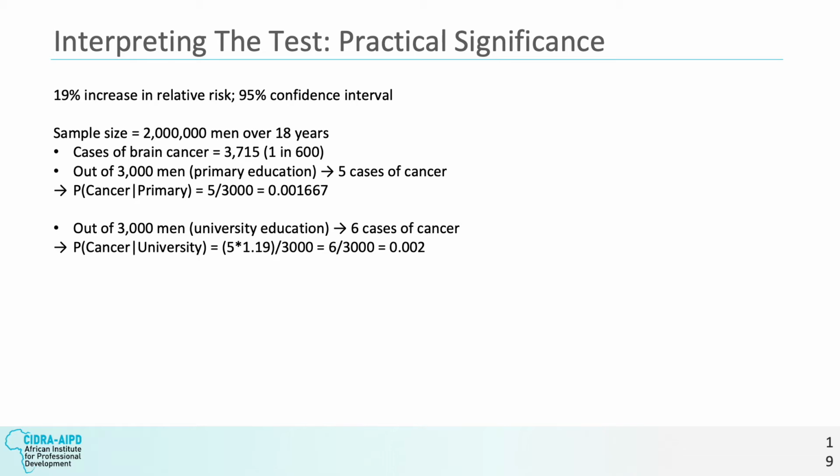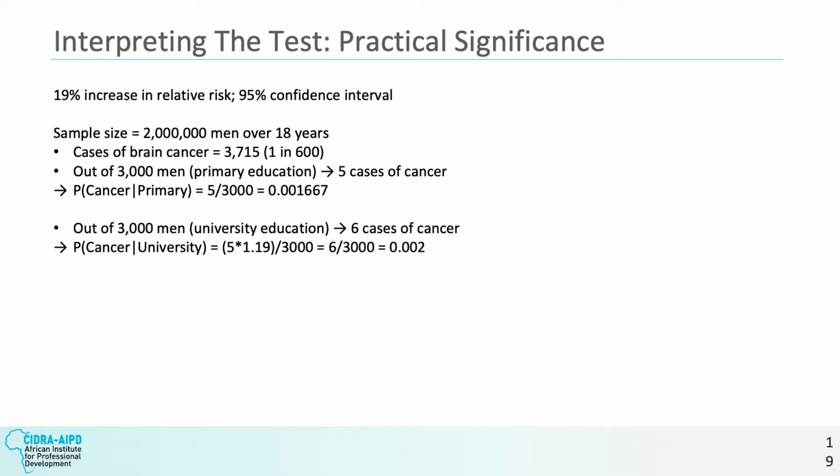The sample was of 2 million men over 18 years. Roughly 1 out of every 600 participants developed brain cancer. As the baseline group, that would mean that out of 3,000 men with only a primary level of education, 5 would develop brain cancer.